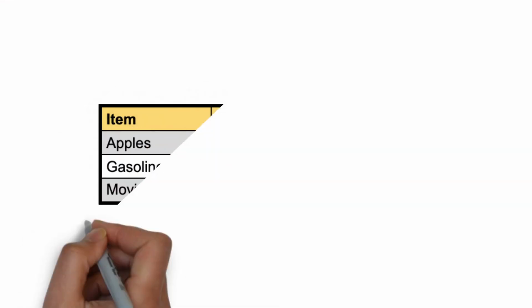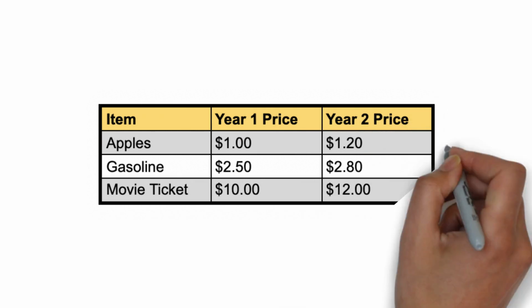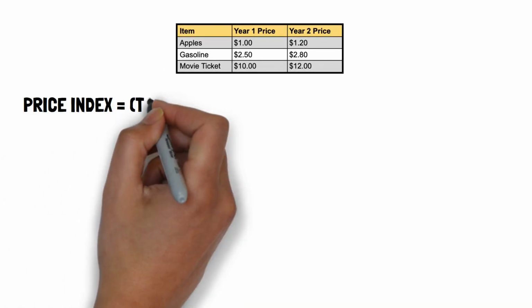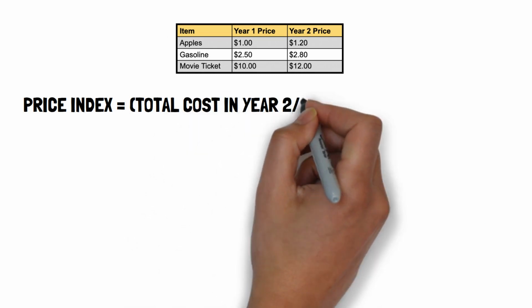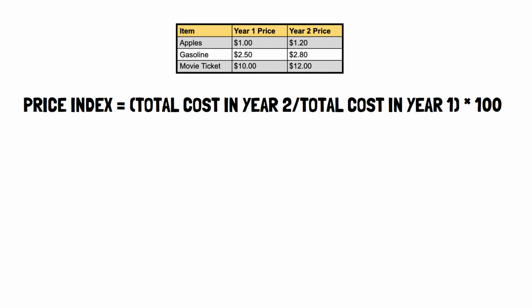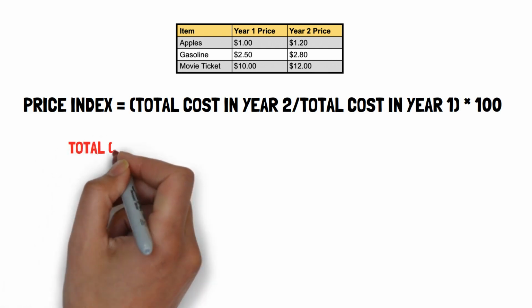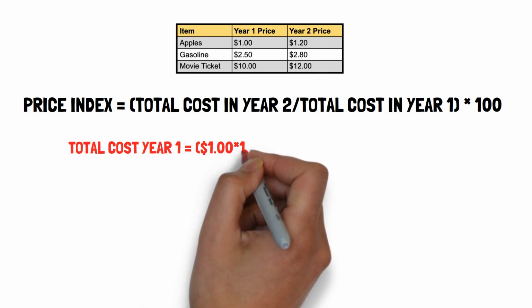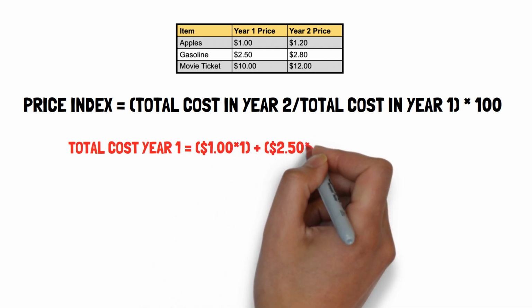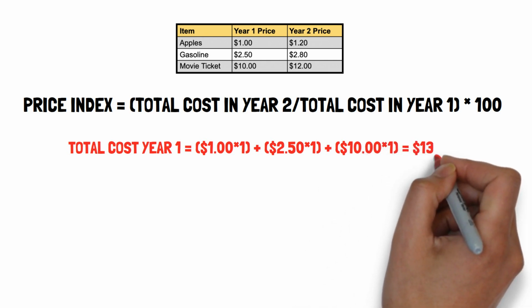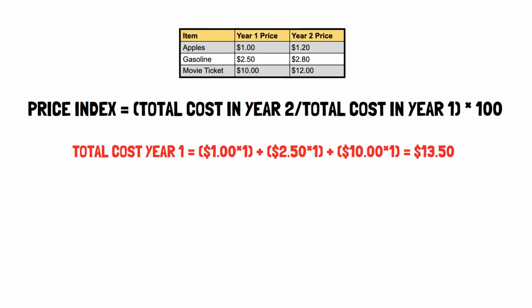We'll calculate the price index for year 2 relative to year 1 using the formula: price index equals total cost of market basket in year 2 divided by total cost of market basket in year 1 times 100. Total cost of market basket in year 1 equals $1 times 1 plus $2.50 times 1 plus $10 times 1 equals $13.50.